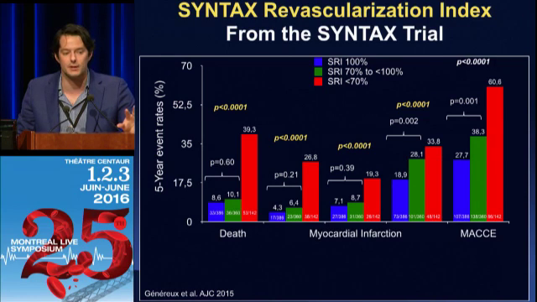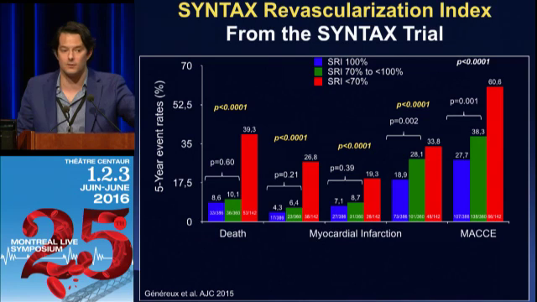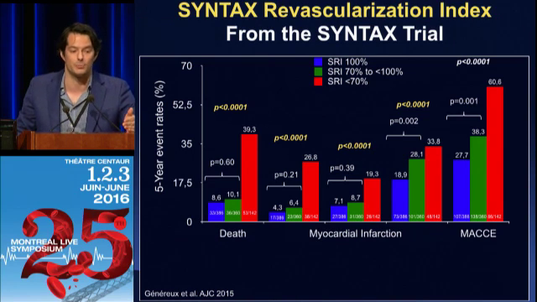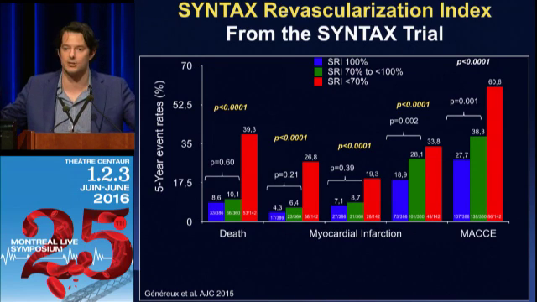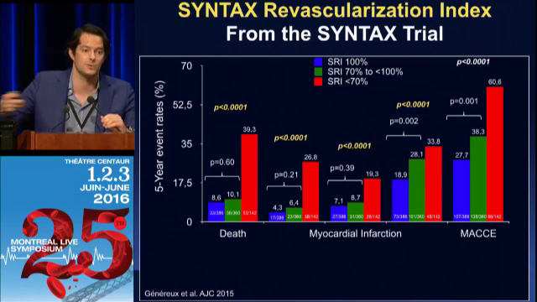If you remove 100% of the burden, or between 70 and 100%, you have no difference in mortality. That's an important thing. After that, you increase your mortality. Of course, you can increase your MACE, your TVR, your TLR, but you don't change the crucial, hard endpoint of mortality. So that's what we can call reasonable revascularization, because sometimes it's not possible to remove everything.